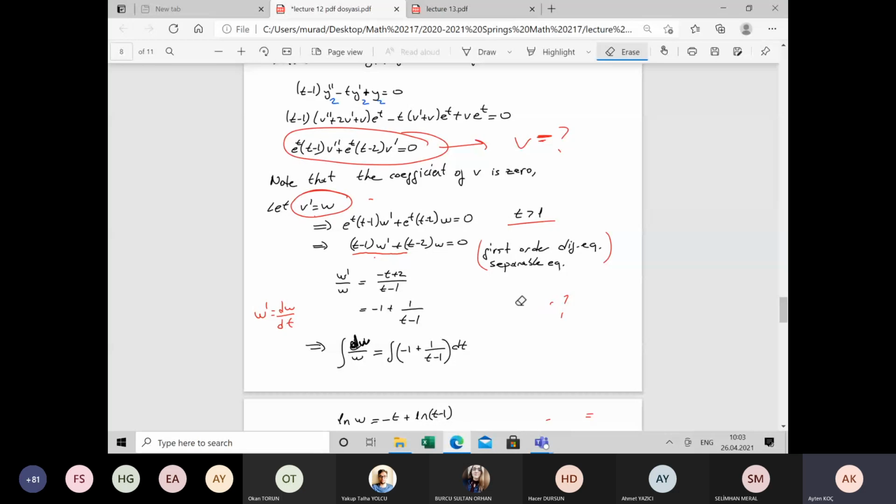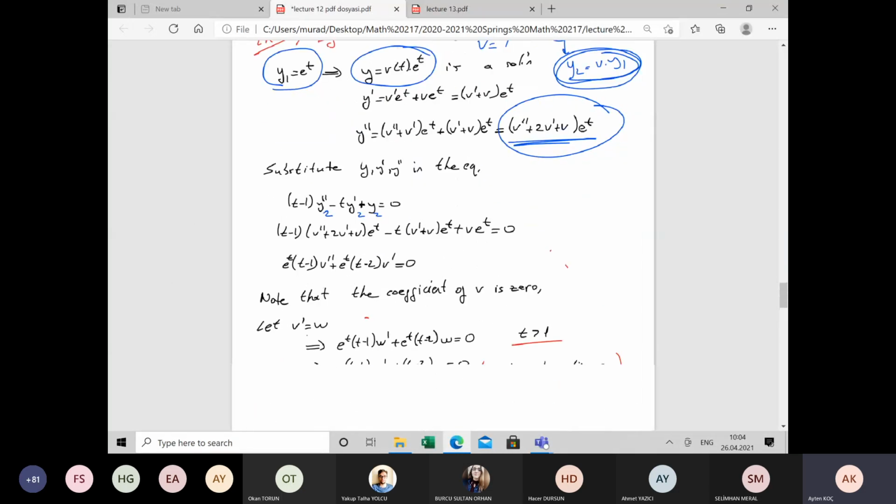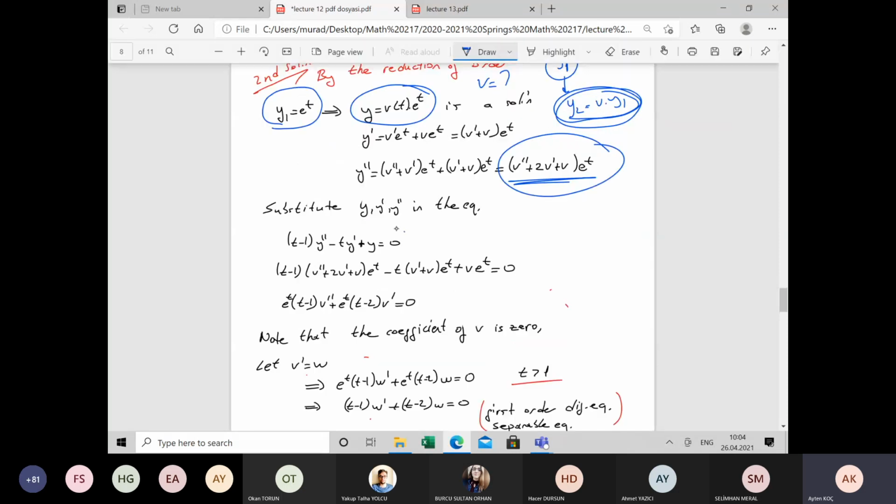For example, here we have this differential equation. Solve this differential equation: homogeneous second order, but not constant coefficients. We don't know how to solve this one. But if we have one solution, e to the t, it is easy to get y sub 2.